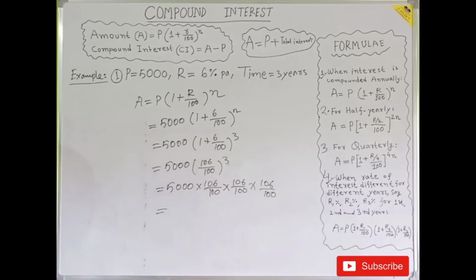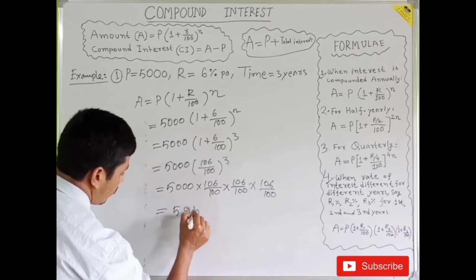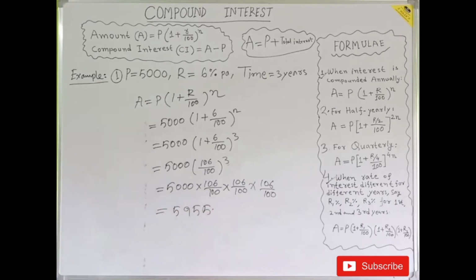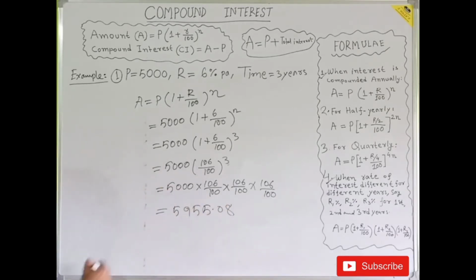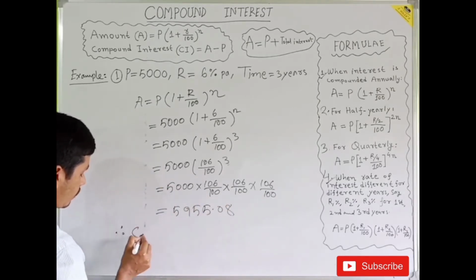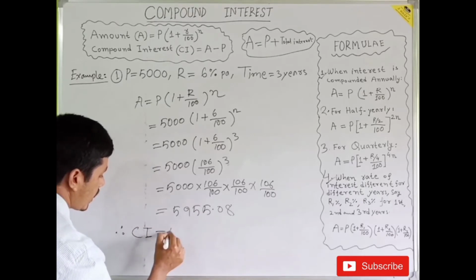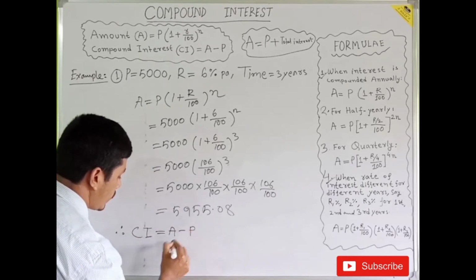When we multiply this, we get 5,955.08. It is the amount. Therefore, compound interest CI is equal to A minus P.